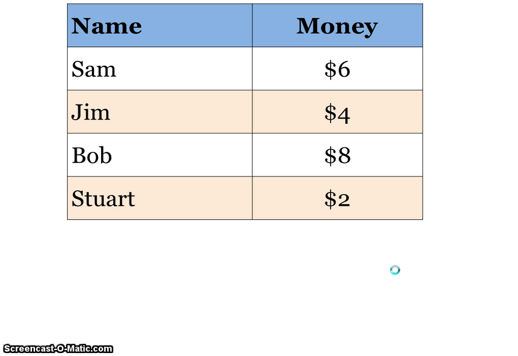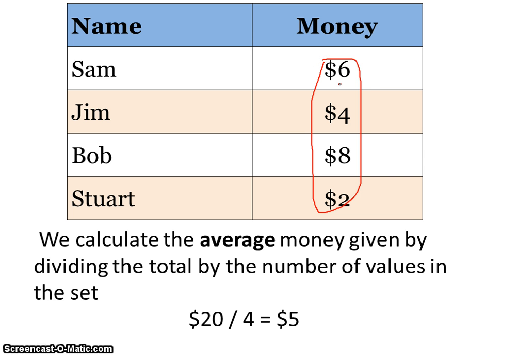The other question that we might ask is, on average, how much does each person give? So to calculate our average, we again start by adding all the numbers in the set together, and that gives us $20. But then we're going to count the number of observations in our set: 1, 2, 3, 4.